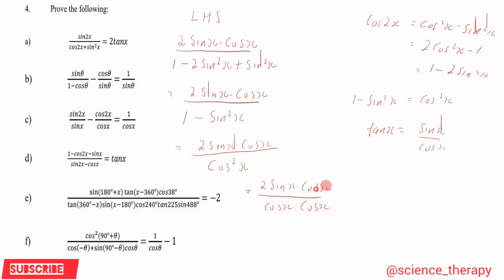Now you can see that the cos x and cos x will cancel out, and then we are left with this 2 sine x cos x. But remember, sine x over cos x is equal to tan x here. Right, so that means our solution is 2 tan x. At this point, we can now say that the left-hand side is equal to the right-hand side, because we have proven all this to be equal to that.